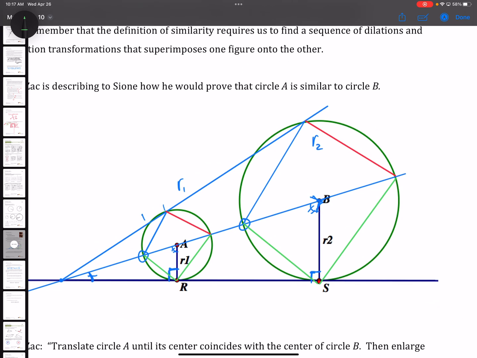Okay? So I know that all those shapes are similar because I have based them all on the circumference of the circle and the center of dilation. Okay? And I know that they're corresponding points, so that means they must be similar.